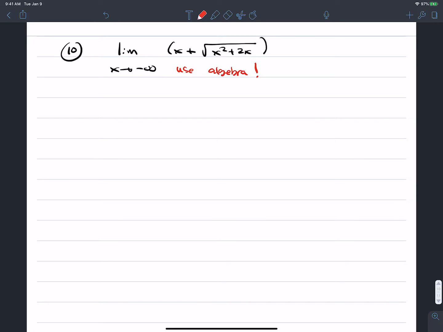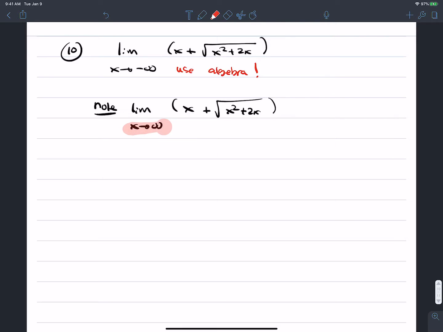Now, let's double check. Yeah, that's the exact question. We use algebra. But I want to remark here, by the way, really quick, let's note that if they gave us the limit as x goes to positive infinity of the same question, what do you guys see happening here?